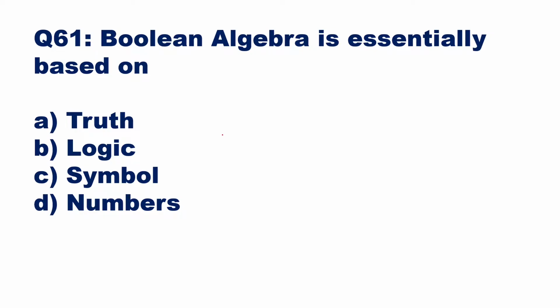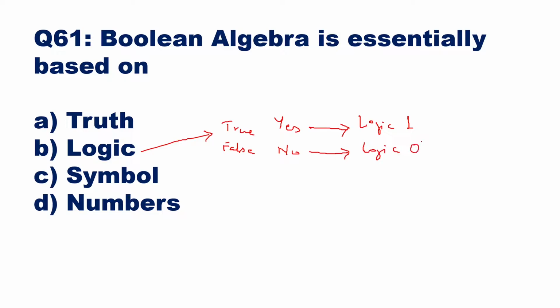Out of this, the concept which is related is logic, because logic is what gives whether something is true or false, yes or no. This type of happening things can be taken as logic 1, and this kind of not happening things can be taken as logic 0. So this gives an idea of Boolean algebra.